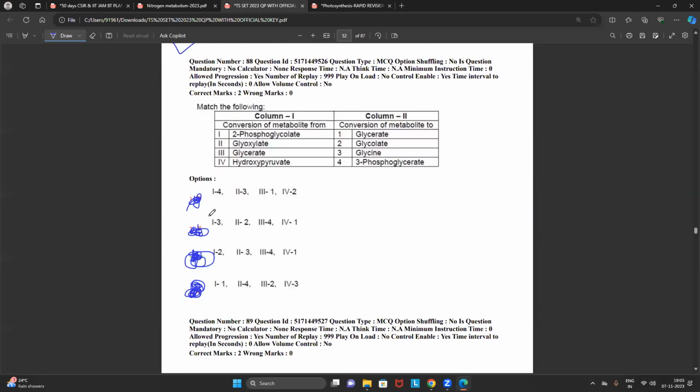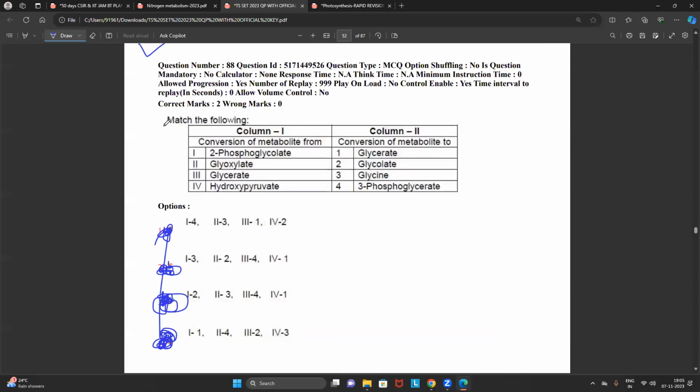Now, this is the third question they asked in the exam. Match the following. First of all, students, tell me: this question is from which concept of photosynthesis? I don't want the answer yet. First tell me, this question is from what topic of photosynthesis?